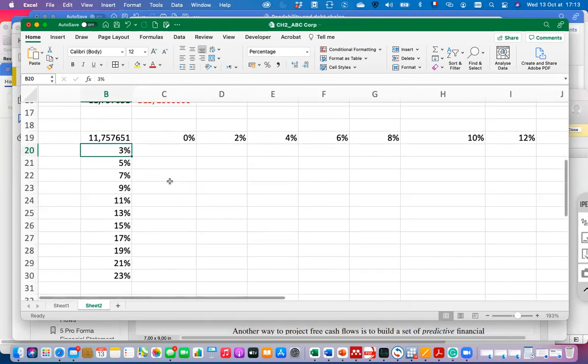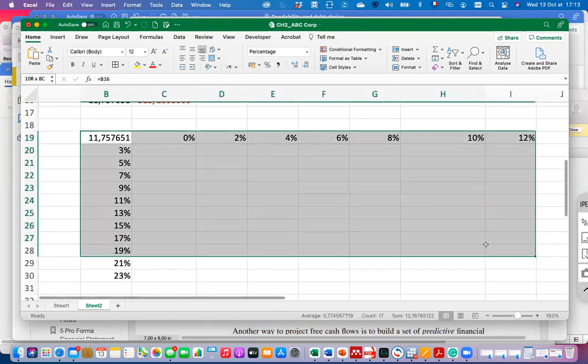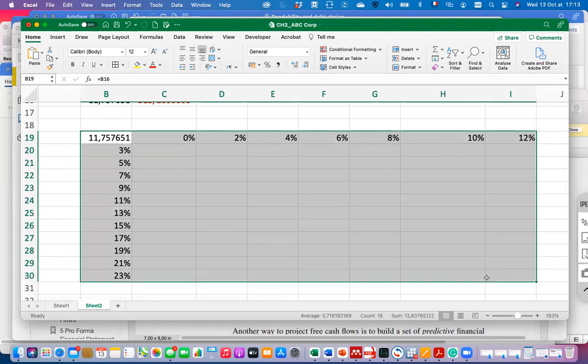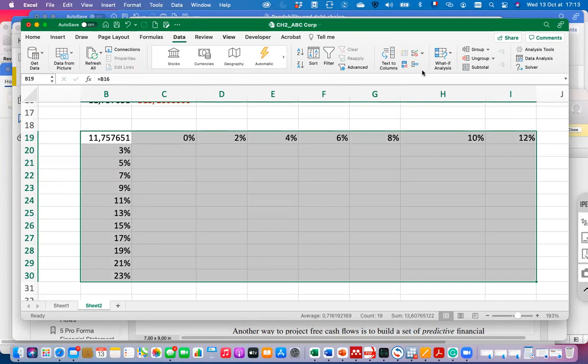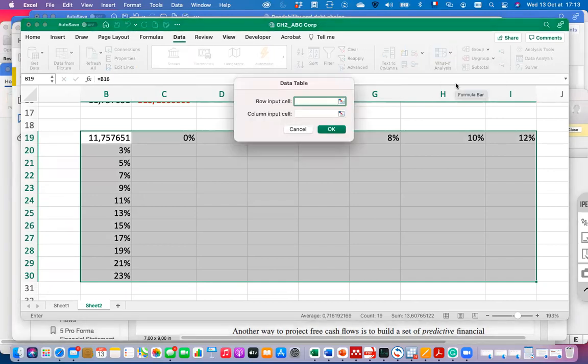Then you select all the table. You go to Data, then What-If Analysis, Data Table. Automatically Excel will ask you to determine what input to use in row and what input to use in column.